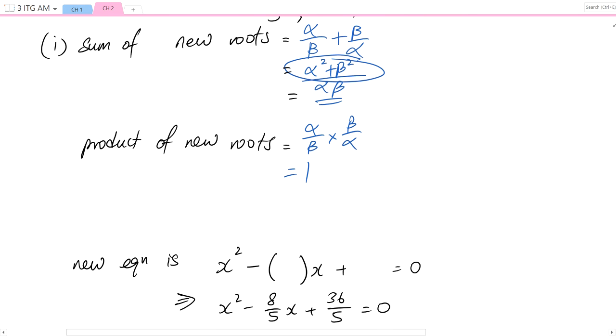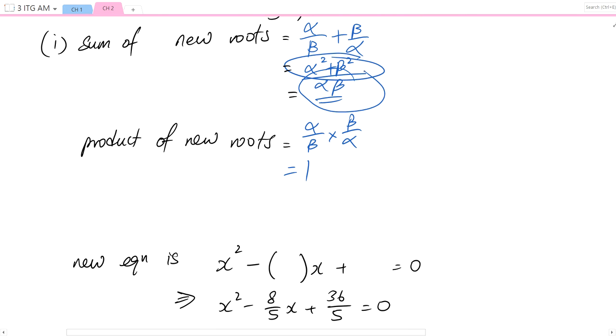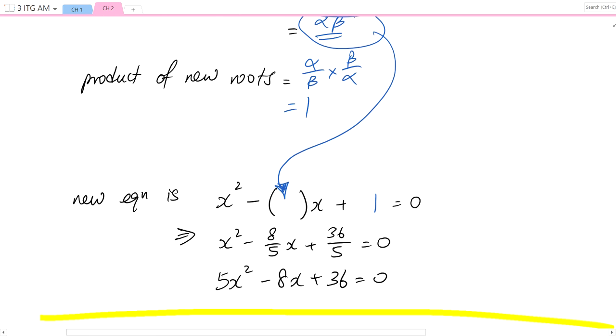Okay, so my sum of new roots, whatever it is, goes inside here. And my product of my new roots is simply 1. So make the changes. Yes, you need to write those words so that you are able to follow your work when you do your checking. Okay?